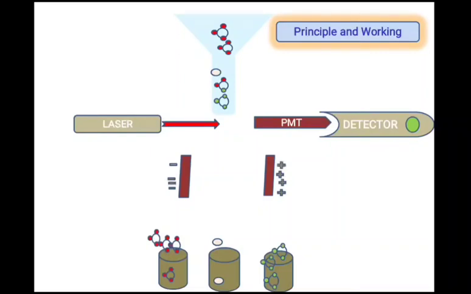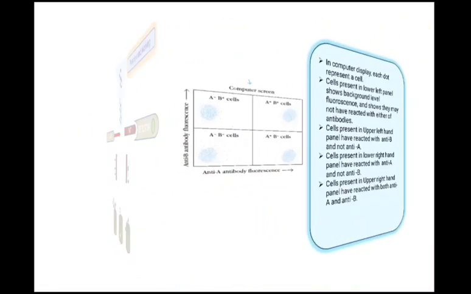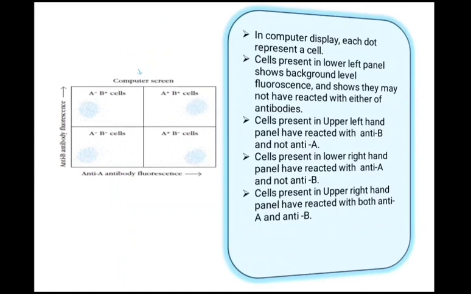So we can separate a cell population based on the fluorescent tags attached to it. This is also used to study T cell subpopulation from blood cells, and used in detection of some of the cancers like leukemia.